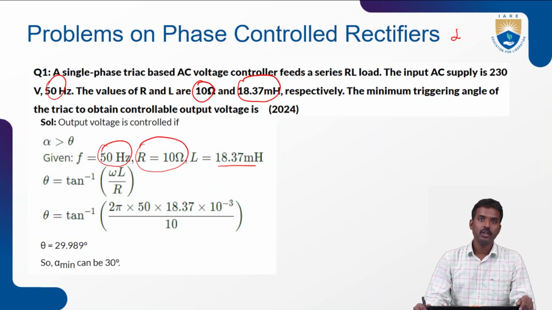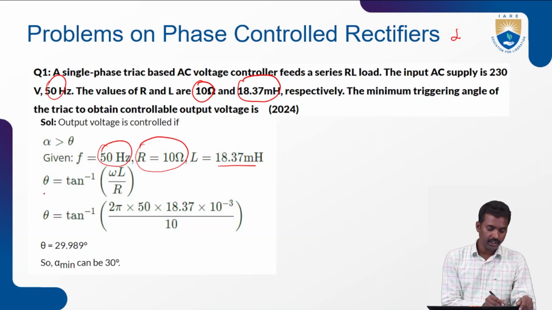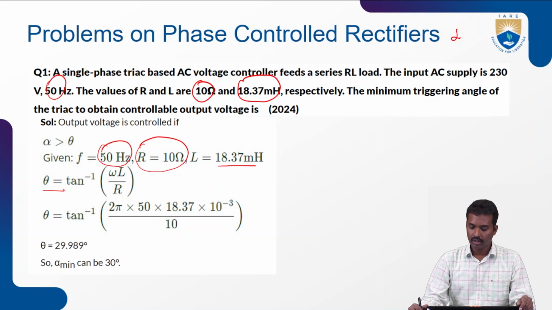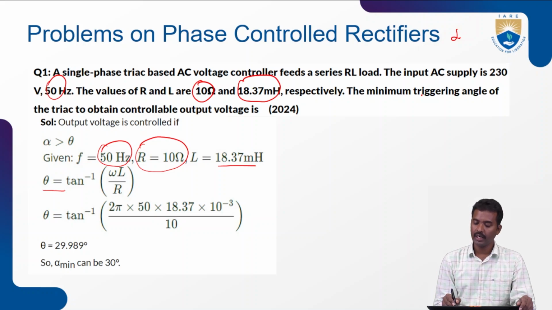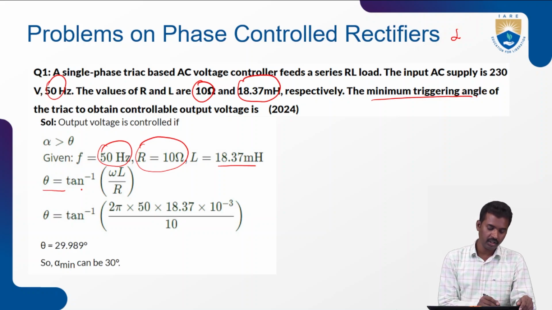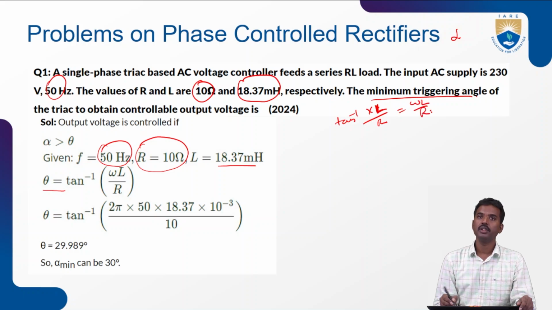What is the formula for theta? The minimum triggering angle is theta equals tan inverse of omega L by R, that is tan inverse of XL by R, where XL means omega L.